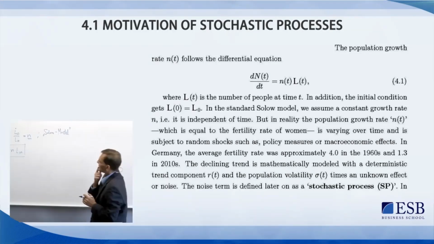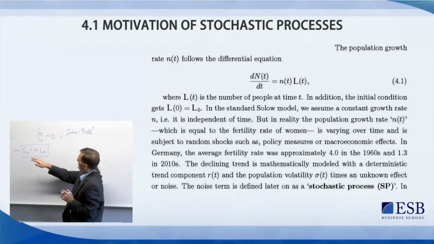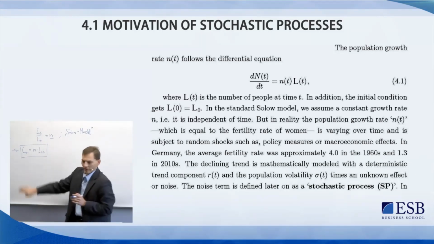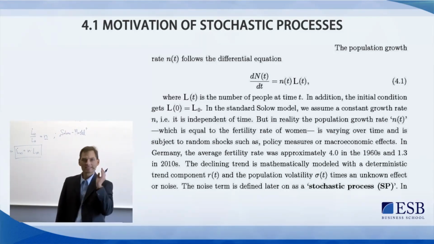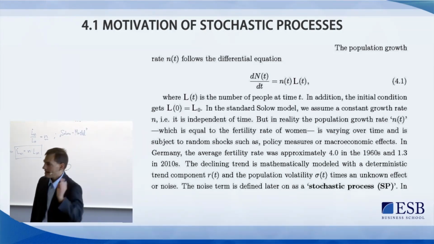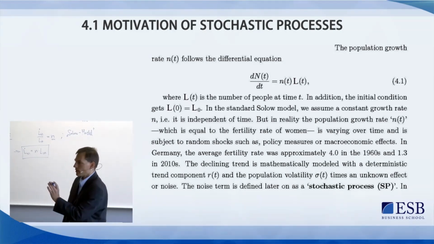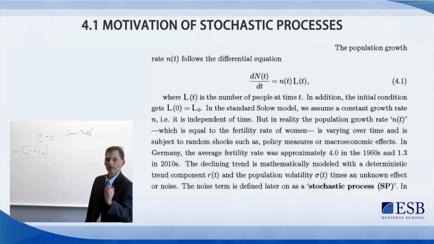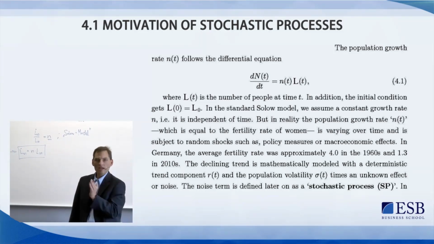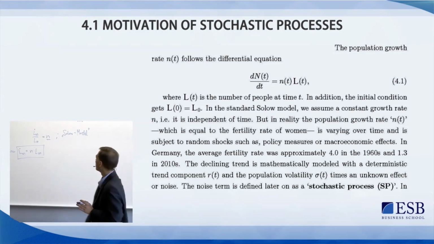Now, why am I telling you this? Well, because we will see that whenever we have to deal with dynamic processes over time, the only way to handle these, or to model this mathematically, requires differential equations.